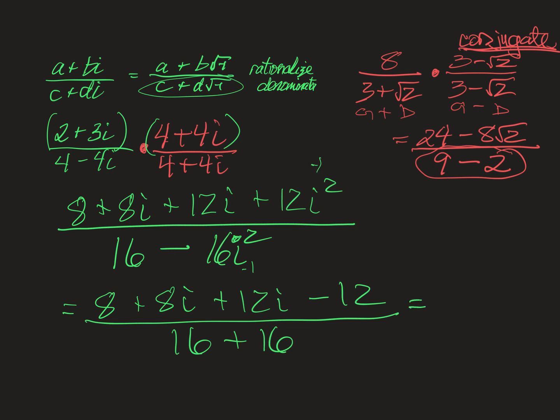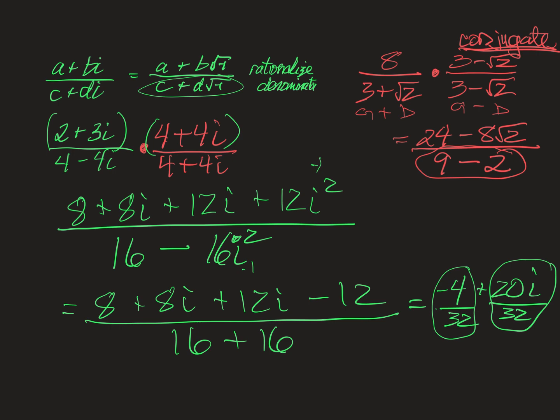And now we can simplify. 8 minus 12 is negative 4 plus 20i. And then the denominator is 32. And we tend to want to not put it all over 32, but write the real part over 32 and the imaginary part over 32. Okay, so we split it up into two fractions.